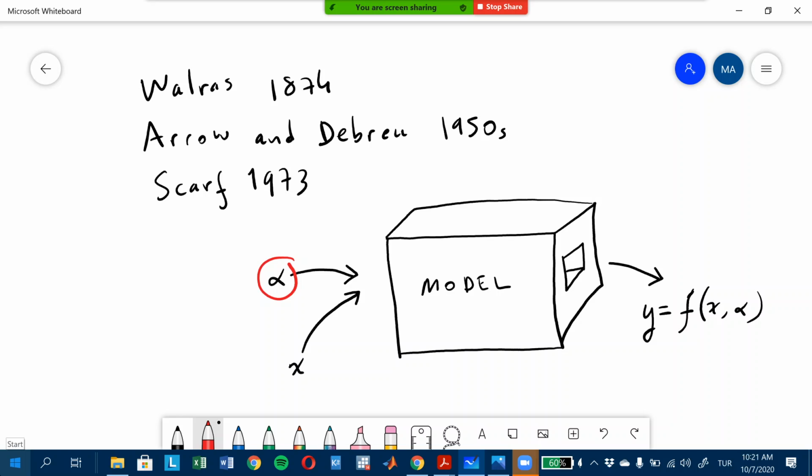Alpha is a parameter. In any economic model, we have a set of parameters. Parameters are constants of, let's say, the universe, right? So in physics, for instance, there are some constants about gravitational forces, right? So in economic models, we also have structural parameters.